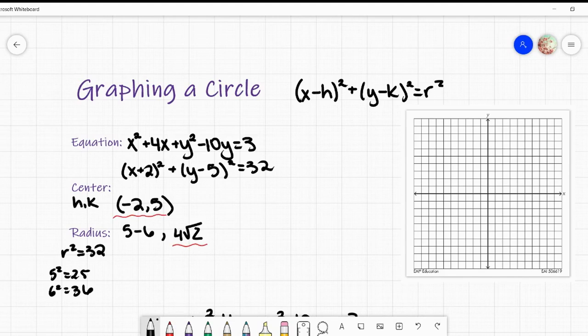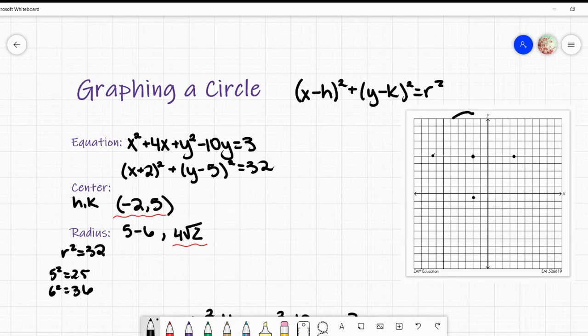So let's go to (-2, 5). And we're going to go a little more than 5 points away. Somewhere up there. Somewhere over here. And like that.